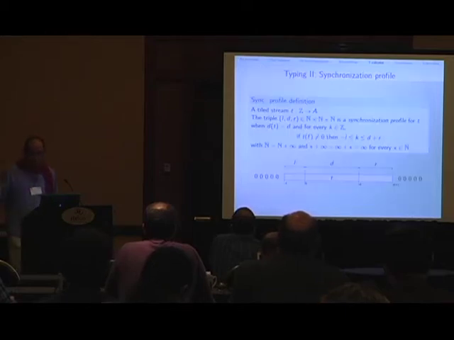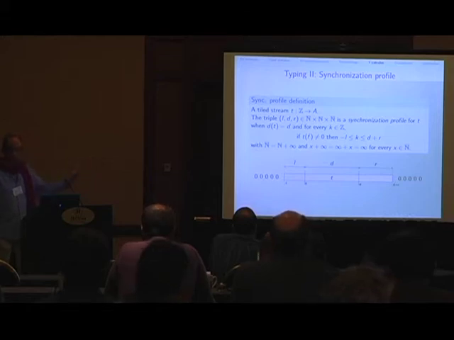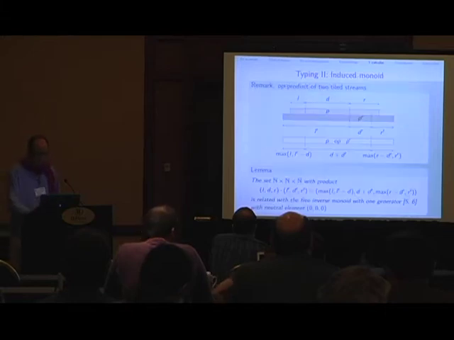Another typing rule: I said it might be the case that my tiled signals above some limits are just 0. So what is really important is between what date and what date they are relevant. This is a notion of synchronization profile. Aside from the window, there might be some distance where you do have to take into account the values of the signal, and this is a synchronization profile.